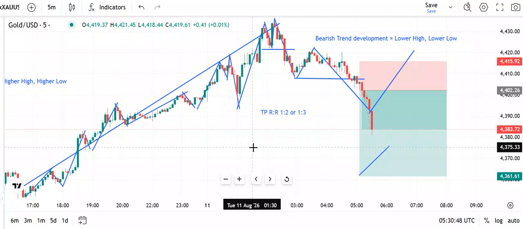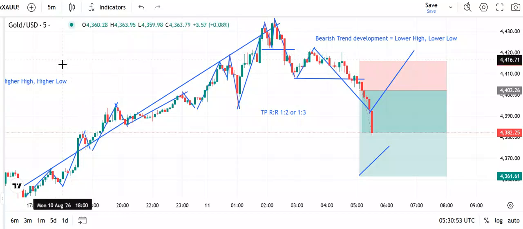So the strategy is always: number 1, wait for range breakout.